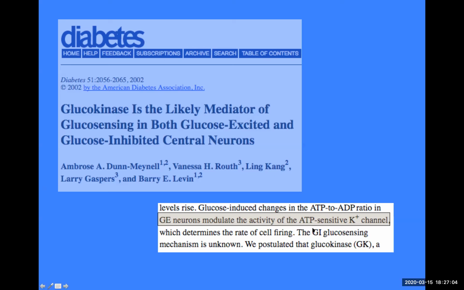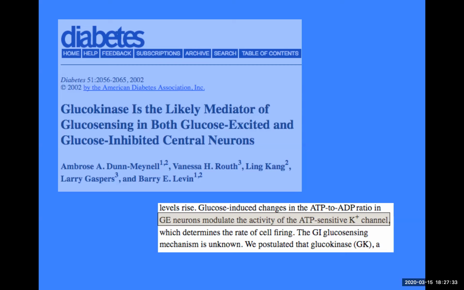And then, as you can see, there's a special channel in these cells. It's an ATP-sensitive potassium channel. This is a channel on the surface of the cell that opens and closes depending on how much ATP there is. You should be able to work out from our discussion of potassium channels and polarization that ATP closes this channel. So when you have more ATP, it closes the potassium channel.